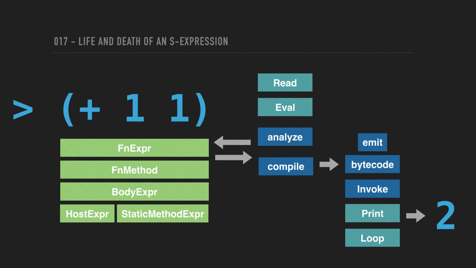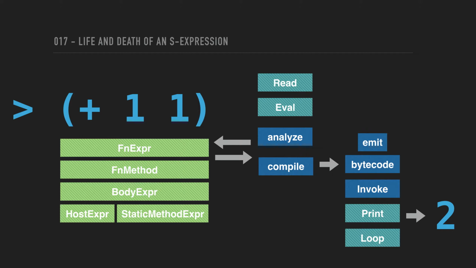So the output of the analyze phase is a bunch of hierarchical classes like fn expression, fn method, a body expression inside the fn method. And in this specific case, the plus is a host expression that gets translated into a static method expression.